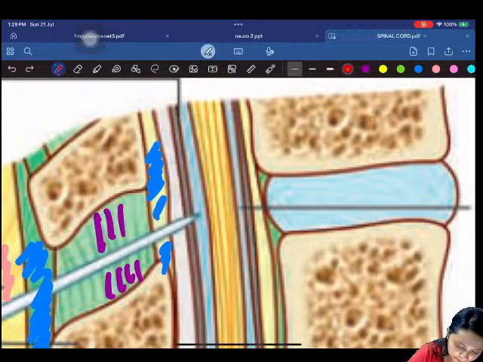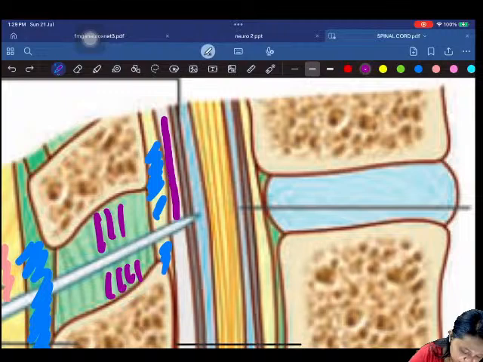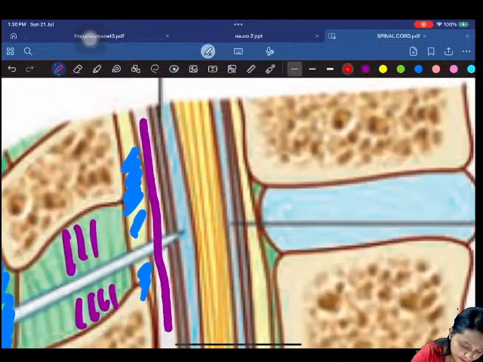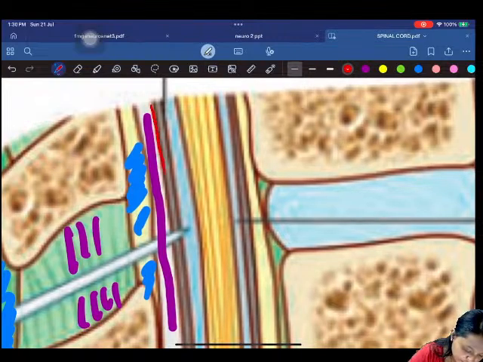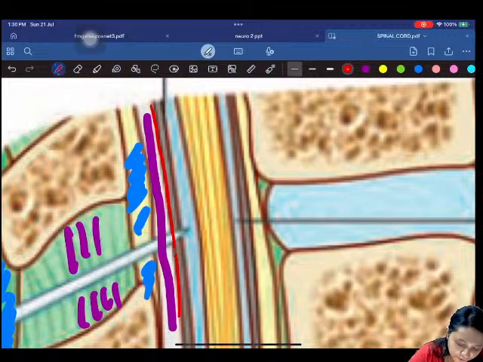One more time, this is the epidural space, and then you have another layer, that is the dura mater, and then you have another layer, that is the arachnoid mater.